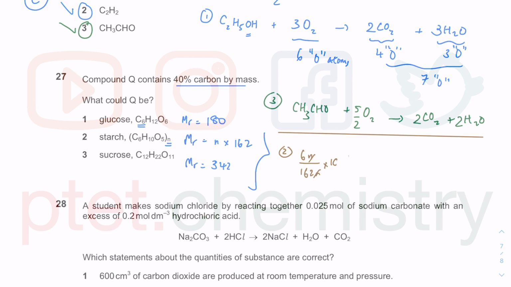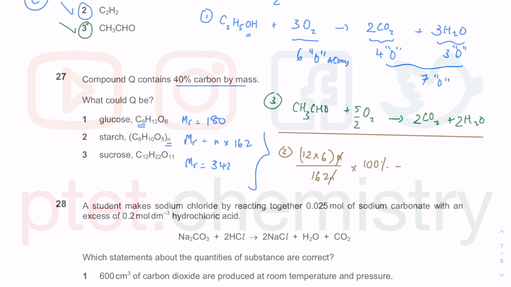It's not 3.7% because if you think about it, there are 6 carbon, each of which has a relative atomic mass of 12. So 12 times 6 carbon, and then don't forget I've got an N outside, so it's 12 times 6 times N divided by 162N. Now that looks more like it.